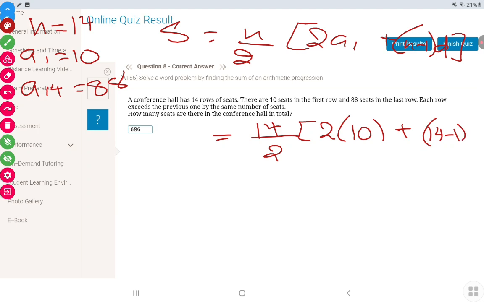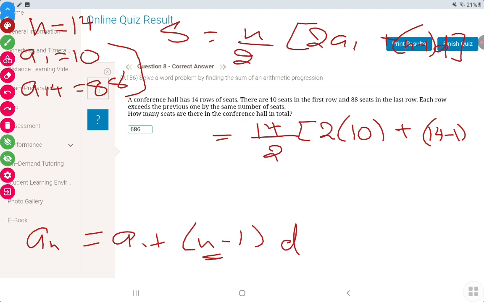We don't know what the difference is, but we can find it. We have two terms, okay? We can use the equation an equals a1 plus n minus 1 times d to find d, because we have n, we have a1, we have an. So we can find d using this equation.